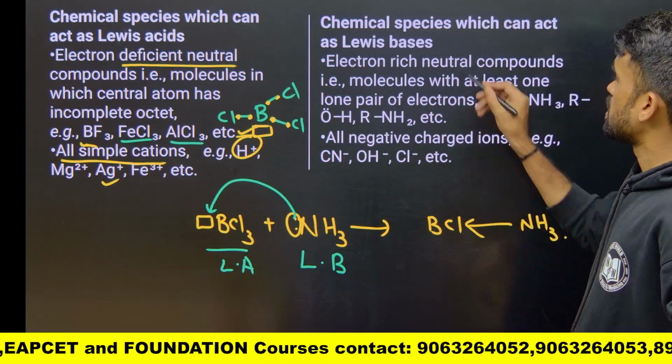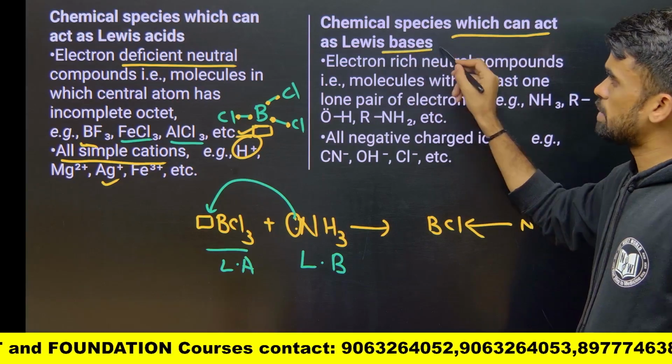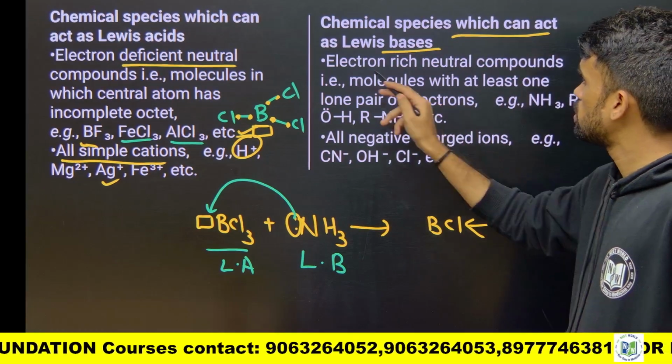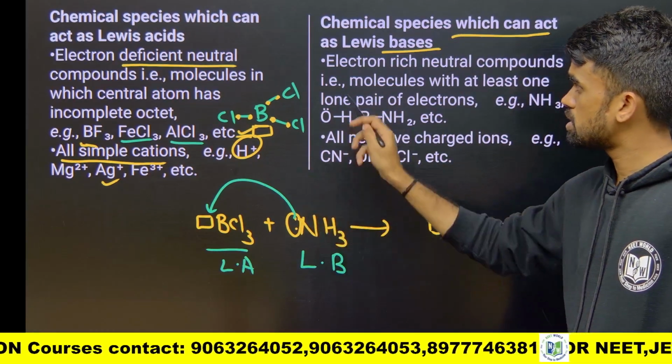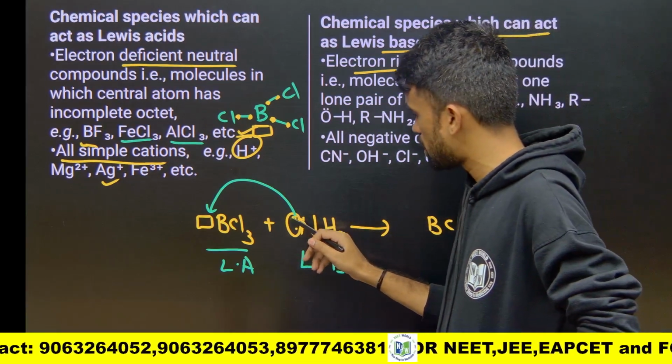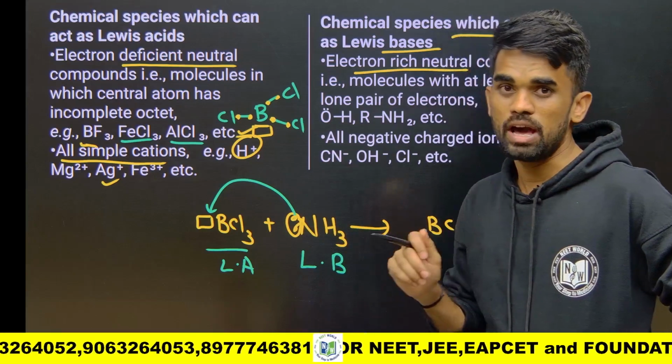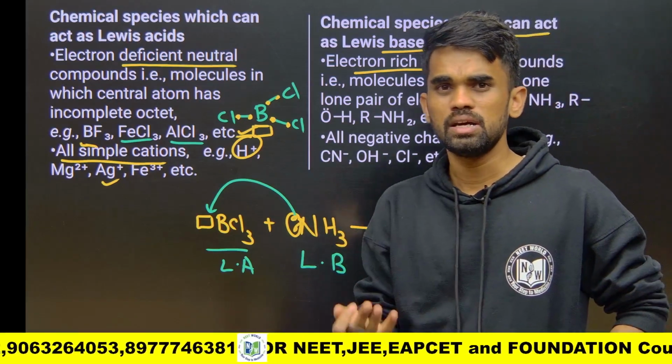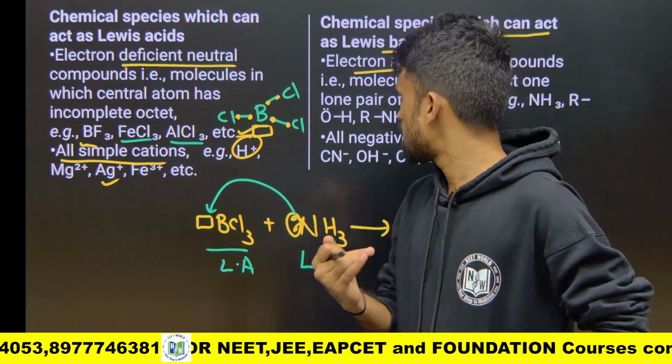And next, the chemical species which can act as Lewis bases. As I told you, these are electron pair donors, so they should be electron rich. That means there should be non-bonding electrons at least, or they should have a negative charge. Negative charge is nothing but more electron density, so that can also be donated.